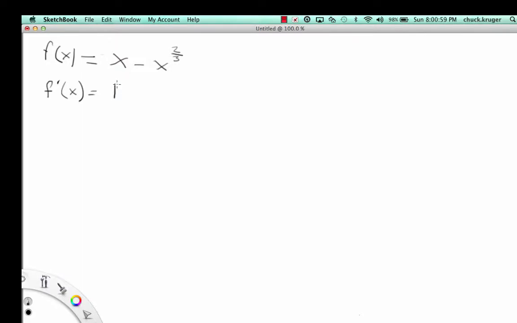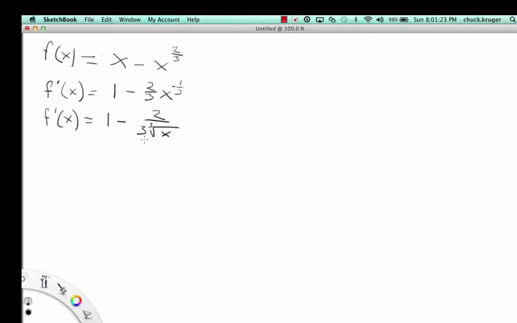The derivative of x is 1 minus, now if I use the power rule here, 2/3 x to the negative 1/3, which can be rewritten as 1 minus 2 over 3 times the cube root of x.